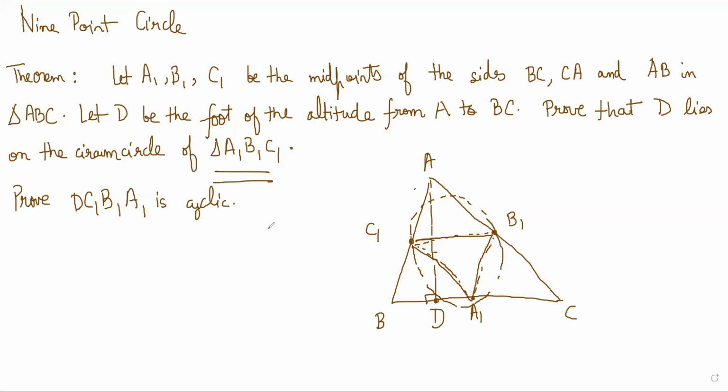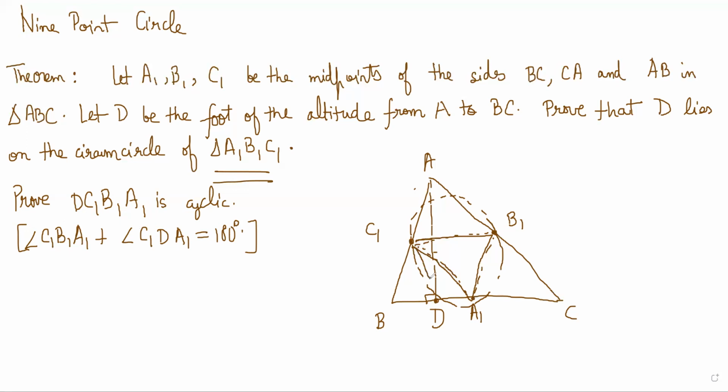In order to prove that it is cyclic, we will have to show that angle C1B1A1 plus angle C1DA1 should be 180. Okay, so let's think about it.